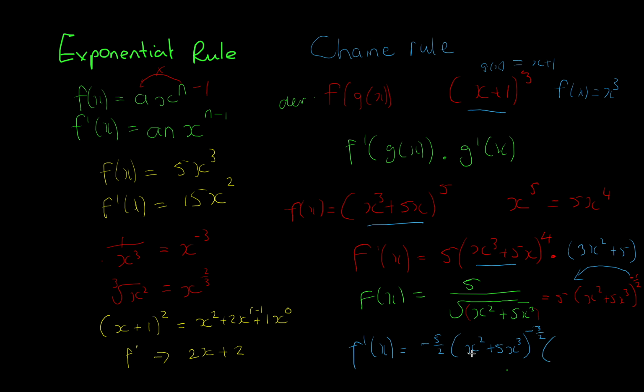Then we multiply it by the derivative of the inner function, which would be 2x plus 15x squared. And that is the answer using the chain rule. Feel free to do some exercises, and then you'll get to know what the chain rule and the exponential rule for derivatives look like.